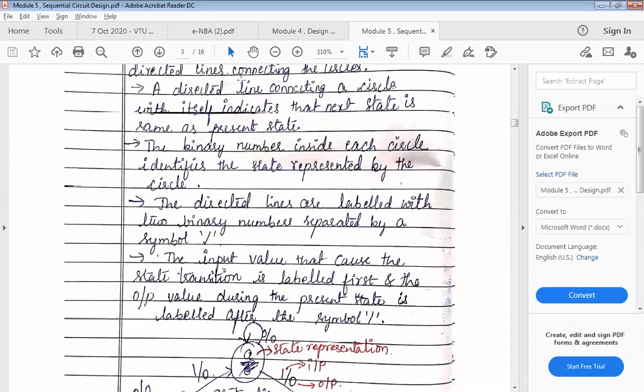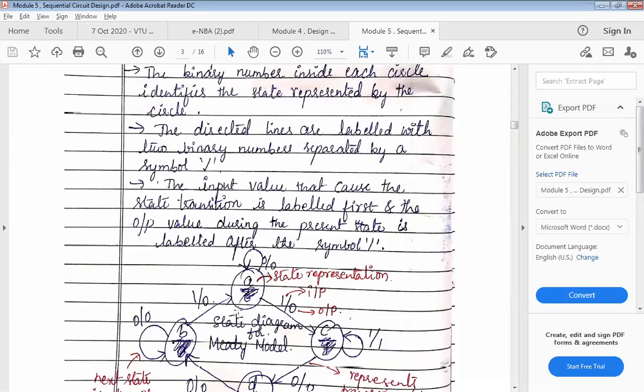A directed line connecting a circle with itself indicates that the next state is the same as the present state. Like how we have here. If the arrow is showing the same circle, then it means even in the next state, it is in state A itself.